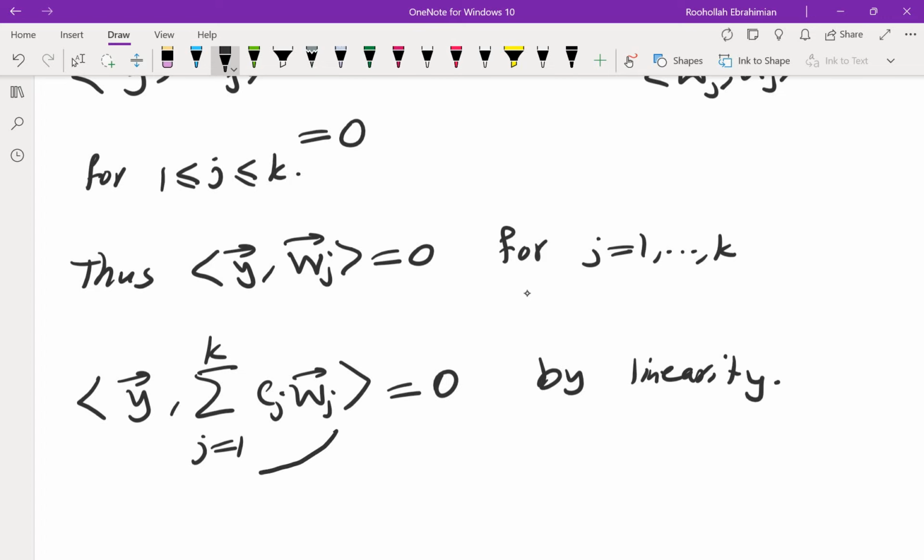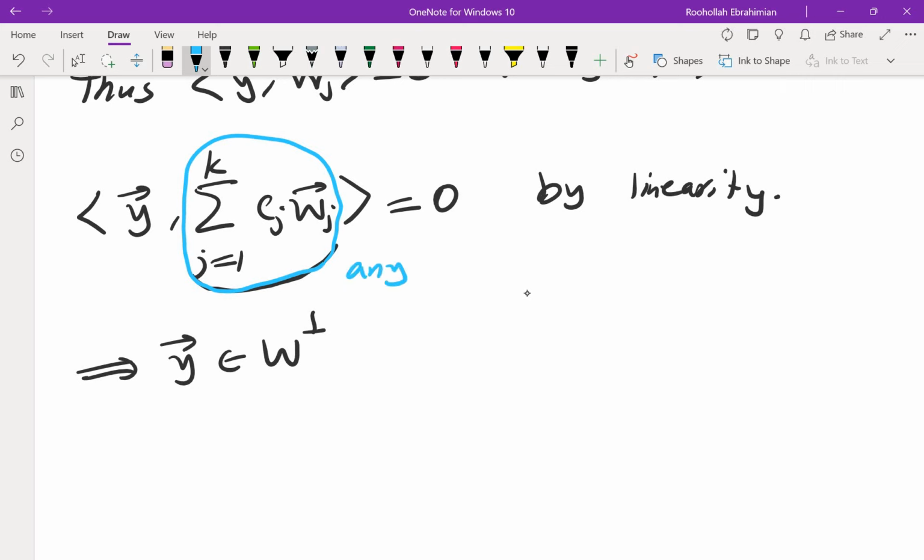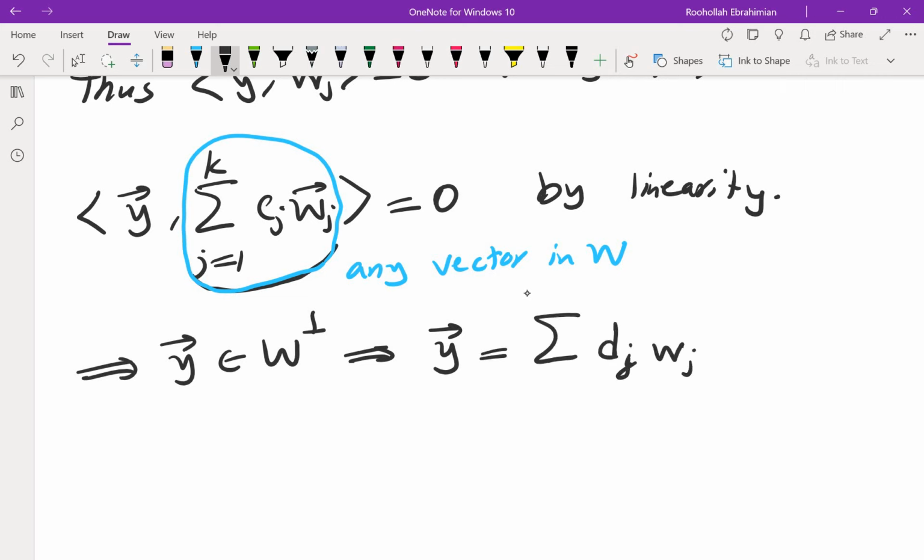But every vector in W is in this form. So that tells us Y is in fact in W perp, because this can be any vector in W. So Y is a linear combination, let's say dj Wj, j equals k plus 1 to m.